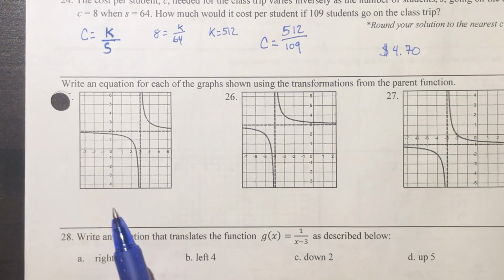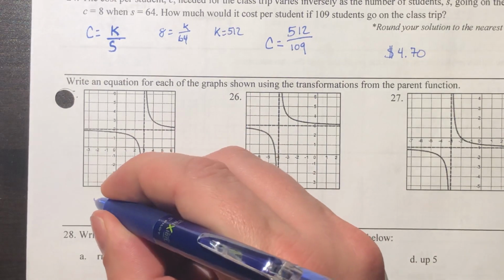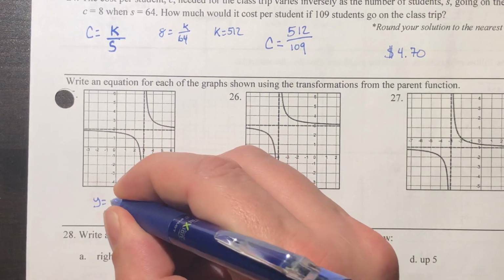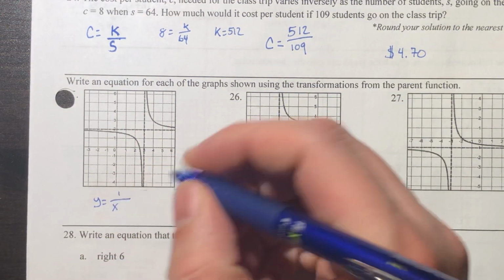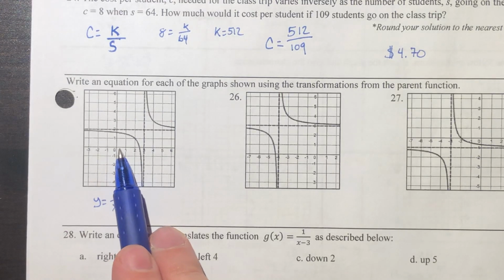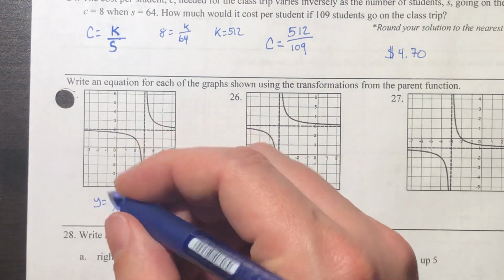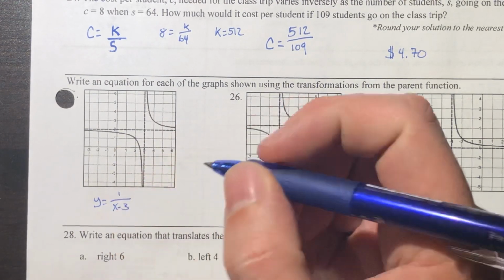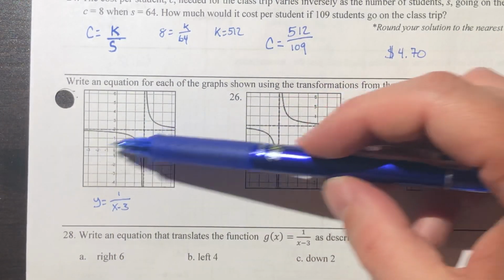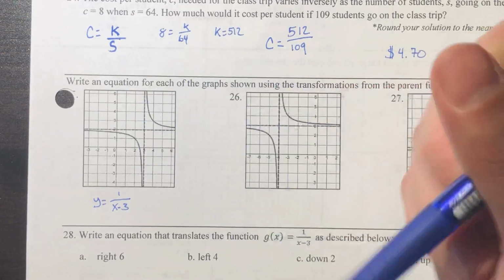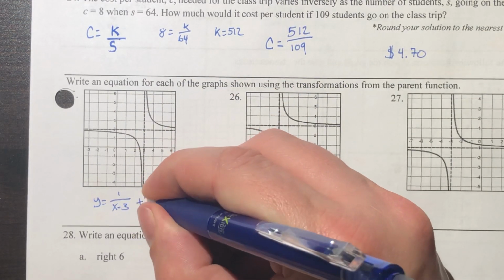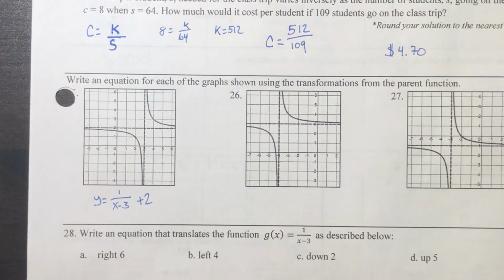So in this first one, it's going to be y equals 1 over x. It moved right 3. My asymptote moved right 3, so it'll be x minus 3. And my horizontal asymptote moved up 2, so it's plus 2.